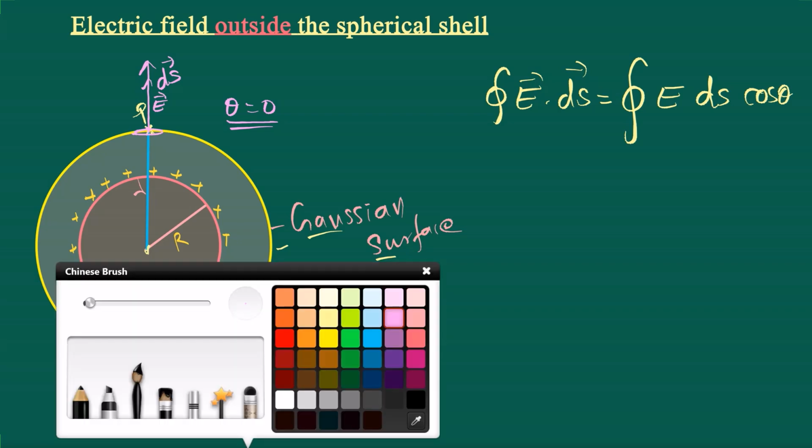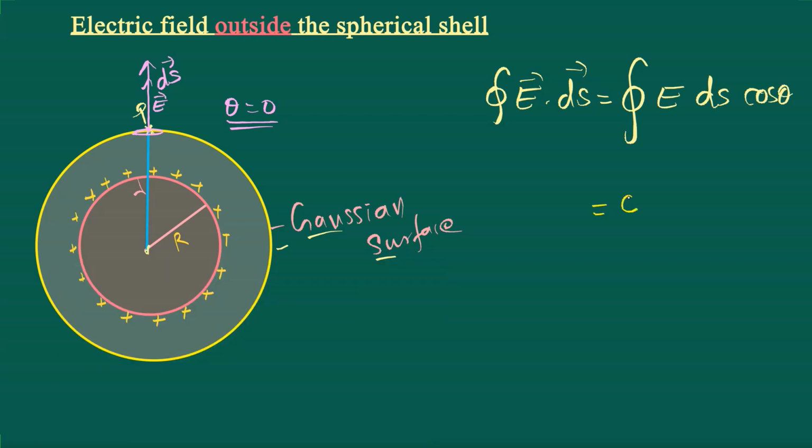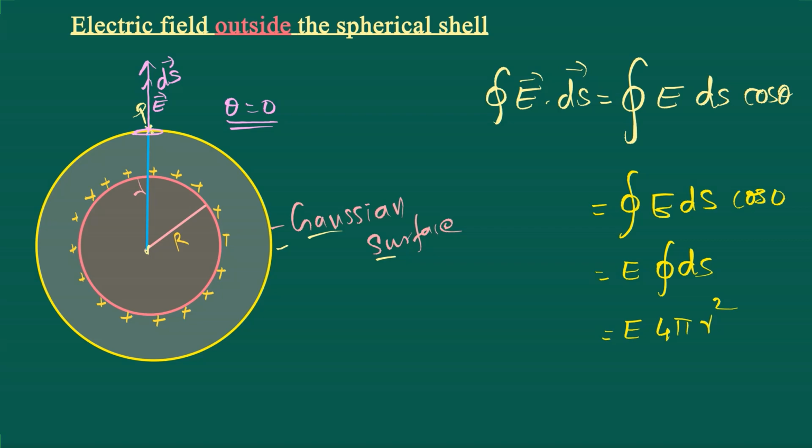Now we substitute in this equation: integral E ds cos 0, which is equal to E times the closed integral of ds. What will be the total area? We take it as 4 pi r squared, so that is E into 4 pi r squared, the closed integral of vector E dot vector ds.